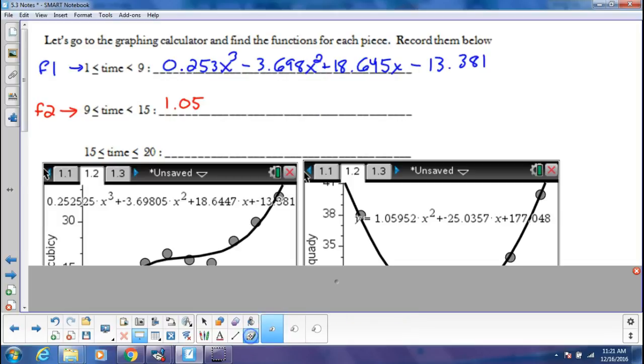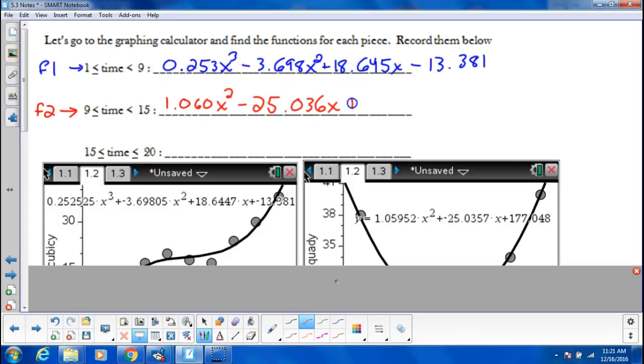Actually, we'll call it 1.060 x squared minus 25.036x plus 177.048. Okay, now we got to do it for the linear, right? Okay, go do it for the linear now.